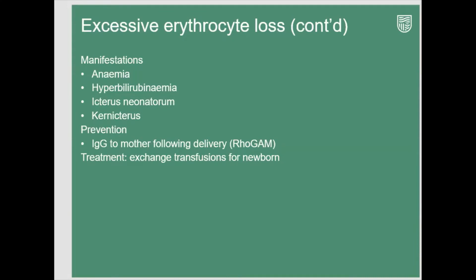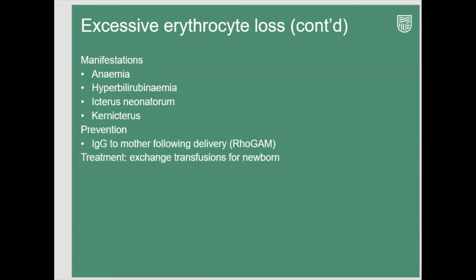Several advances have recently been provided that can decrease the threat to infants born to rhesus negative mothers. One is prevention of sensitization in the first place, identification of the high-risk fetus, and transfusion to the affected fetus.